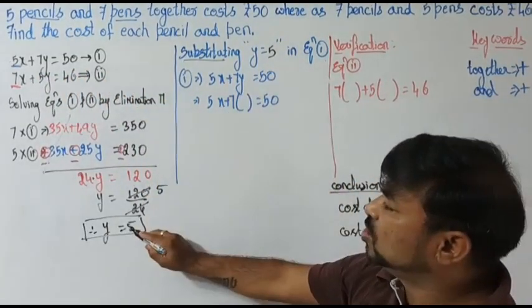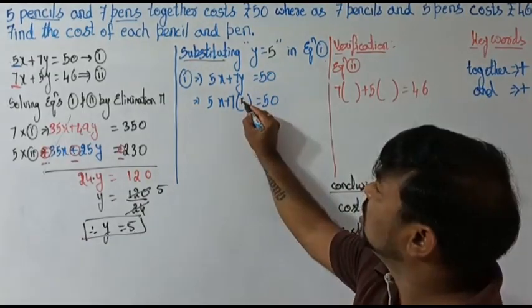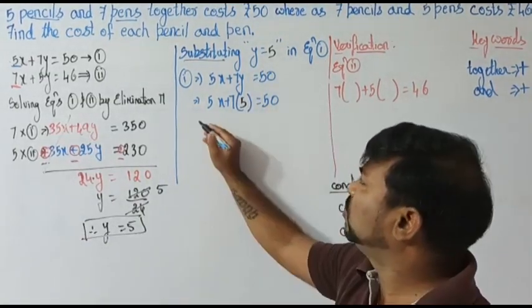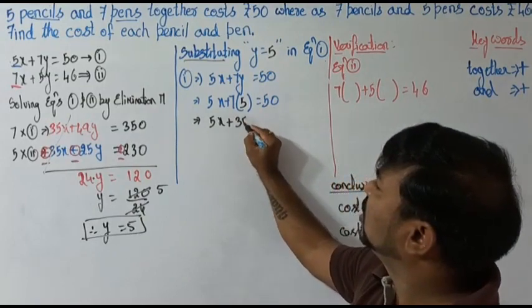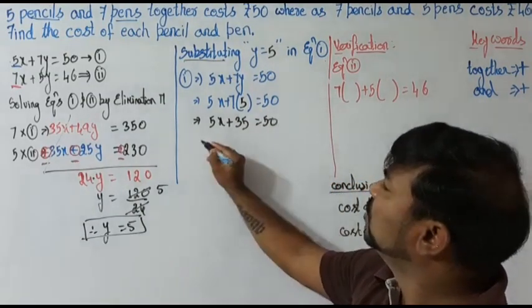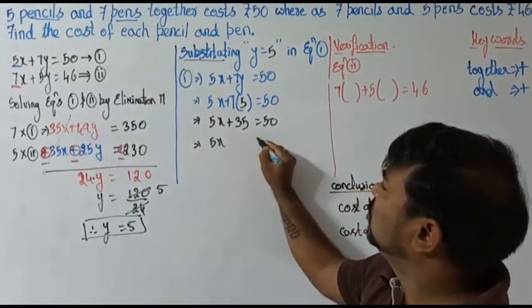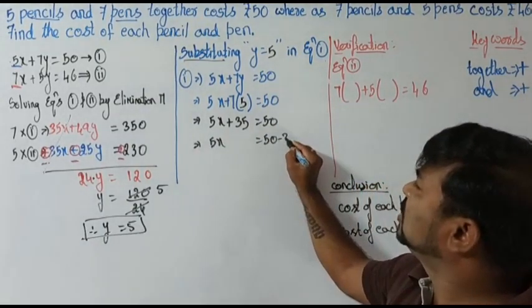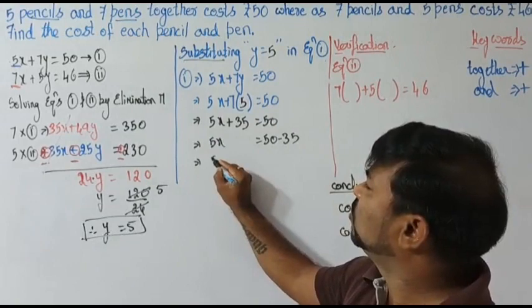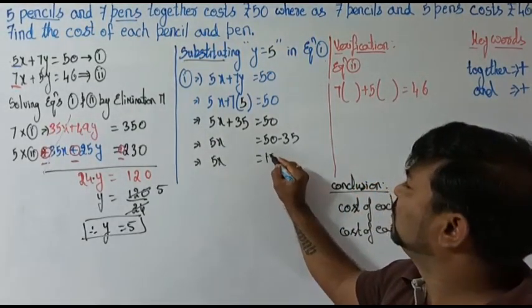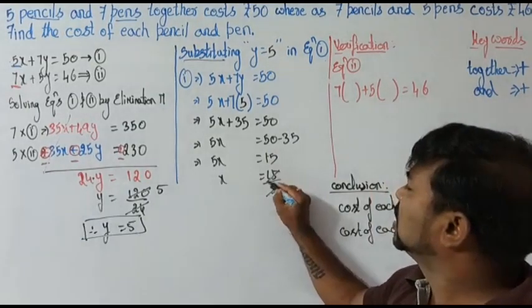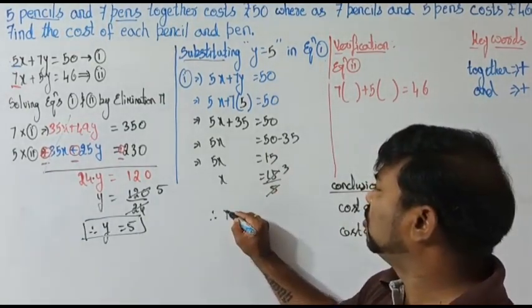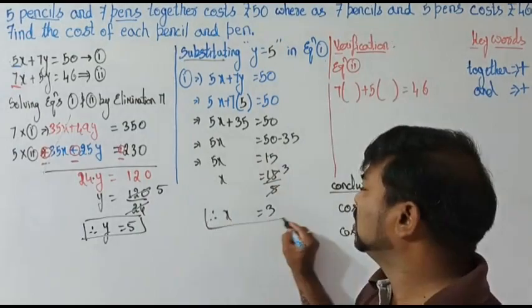Substituting y as 5, it's 5x plus 35 equals 50. 5x equals 50 minus 35, so 5x equals 15. x equals 15 by 5, it's 3. Therefore, x equals 3.